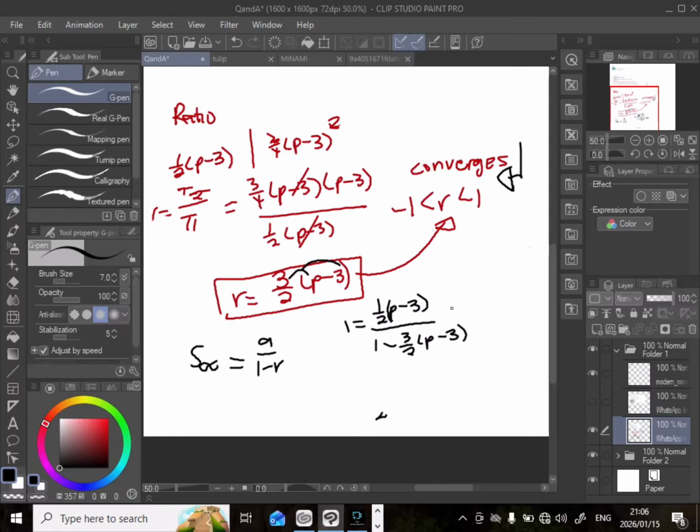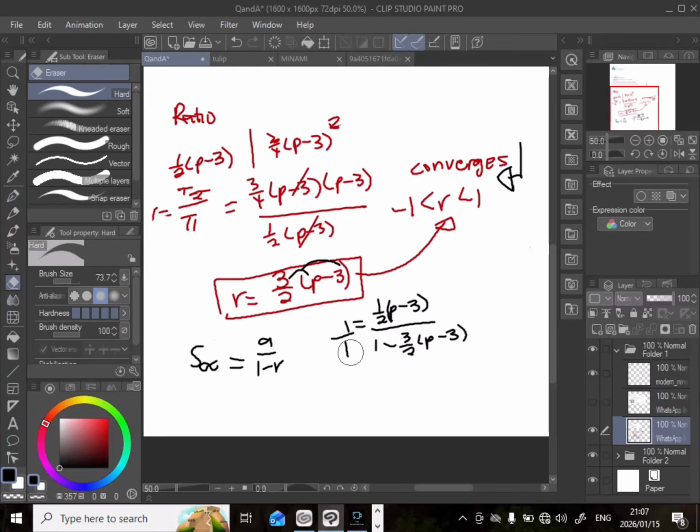So now basically we have to solve for p in this problem. How do we do it? We know that this thing is multiplied by 1. Let's do cross multiplication. We can just take this to the other side without even changing it, because it's multiplied by just 1.